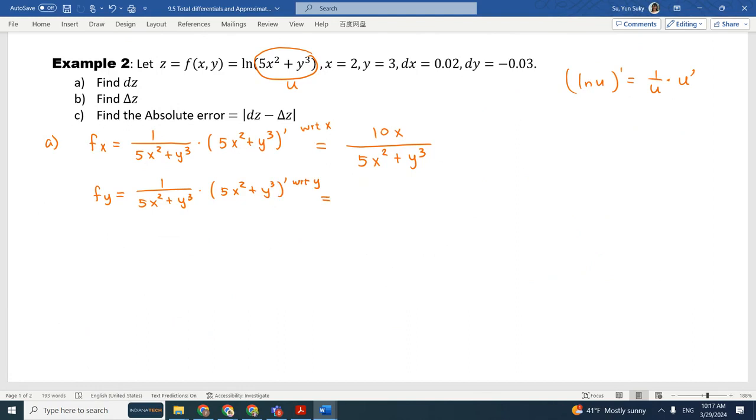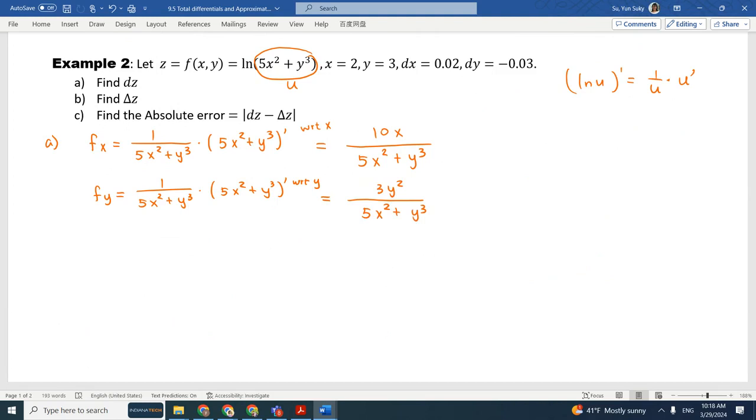Now what is the derivative with respect to y? Yeah, 3y squared, yes. 3y squared, and we still have 5x squared plus y cubed. Yes, everybody?